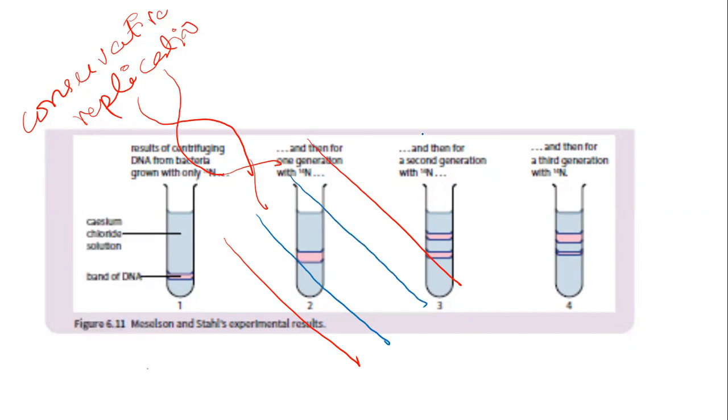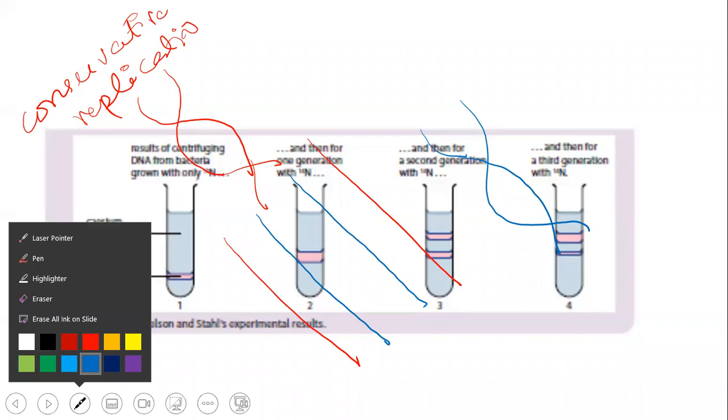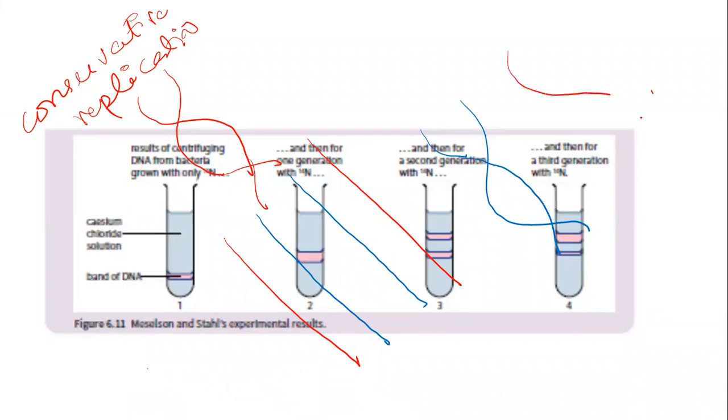The new strands would combine with each other to make the new DNA. And the old strands would combine with each other to make another DNA. So the old strands will combine with each other and make one DNA, and the new strands will combine with each other and give you a new DNA.